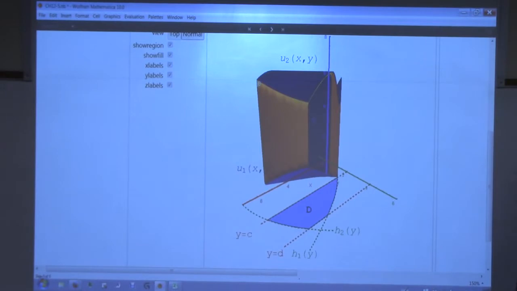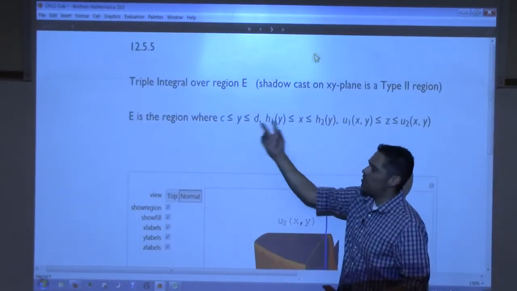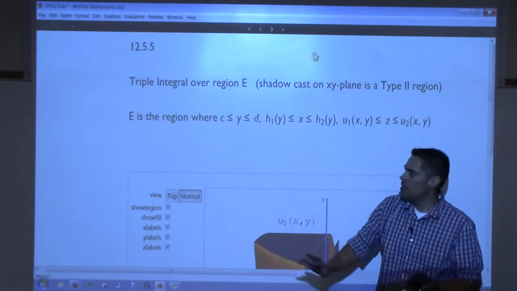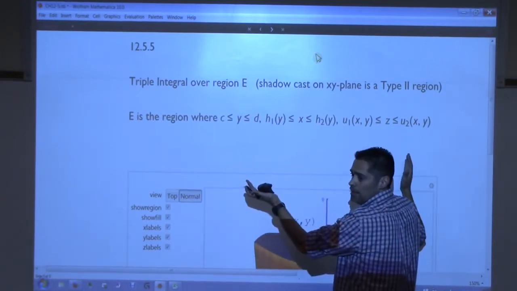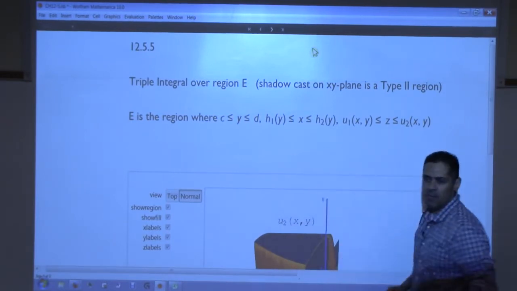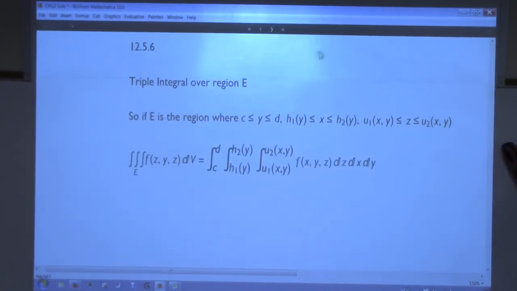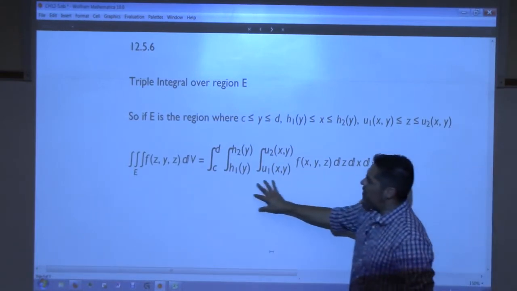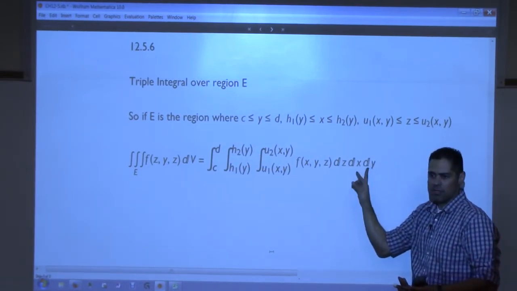So the only difference in the actual integral is that your x's and y's are going to switch places. Your y's are going to be the outer integral, and then the middle integral will be the x, and then your inside integral will still be the z. So in terms of the setup, here it is. You see that order of integration would change? Only the last two switch.